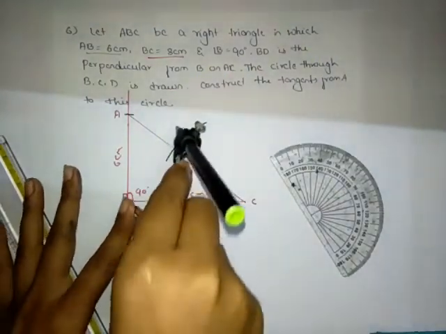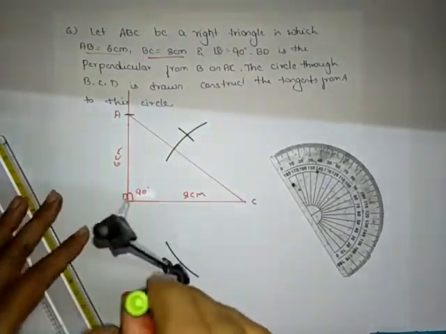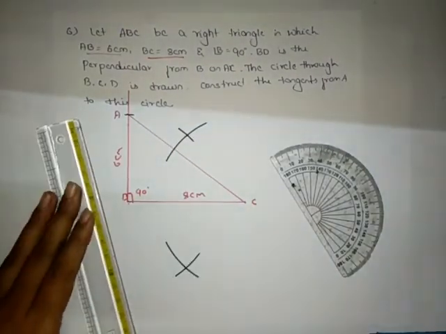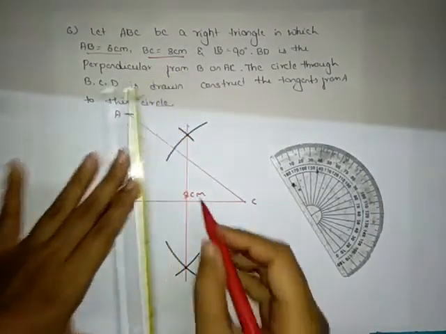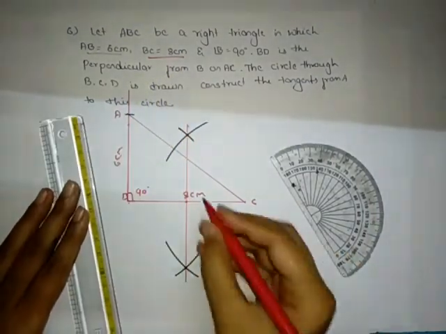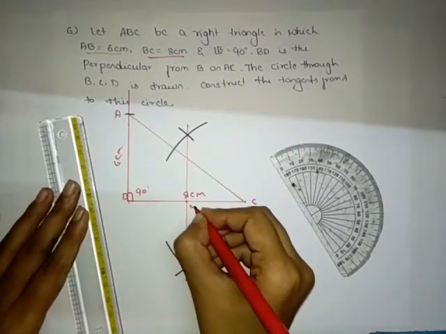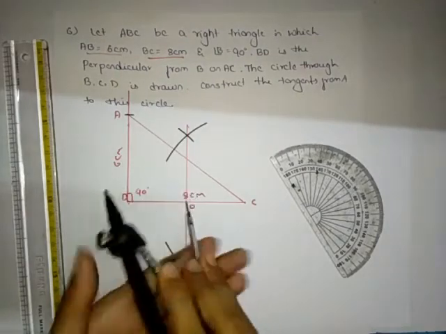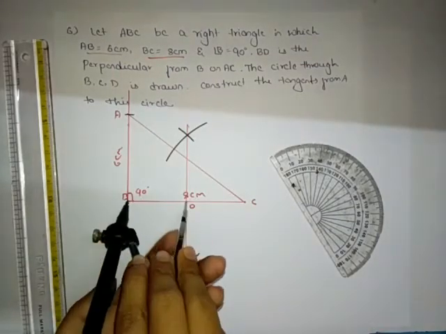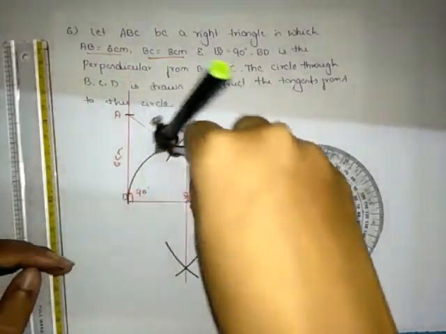And again similarly we'll join those 2 points. We got here a midpoint. We'll call it point O. Now we'll draw a circle from the point O, right?